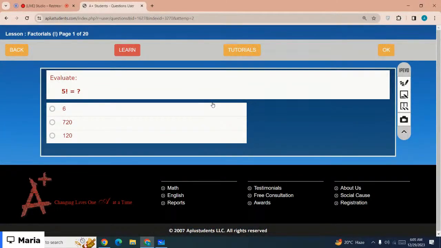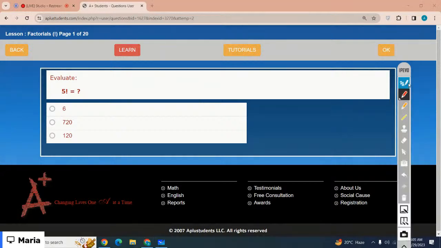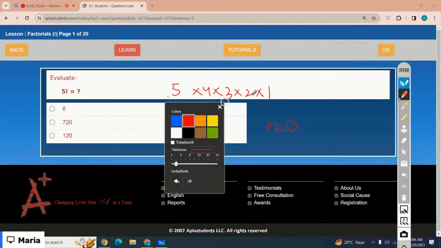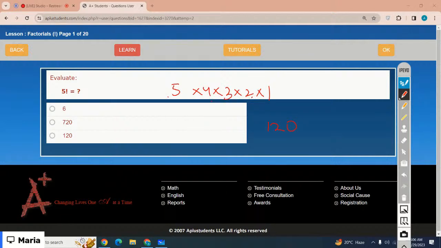Again, you have 5 factorial, right? So 5 factorial means you have to evaluate 5 and all the numbers until that are less than 5. You have to find their product, right? So their product must equal 120. 5 times 4 is 20, 20 times 3 is 60, 60 times 2 is 120. So the correct option is 120.